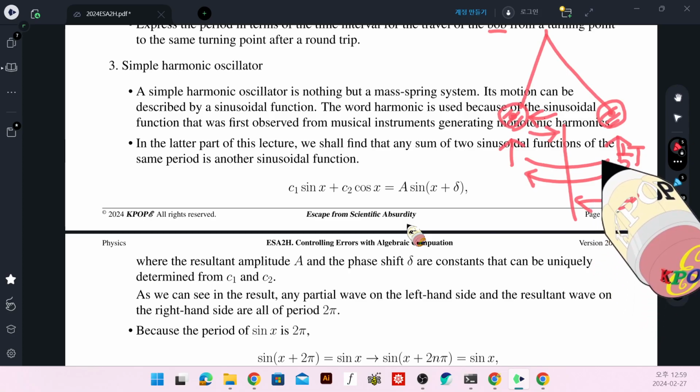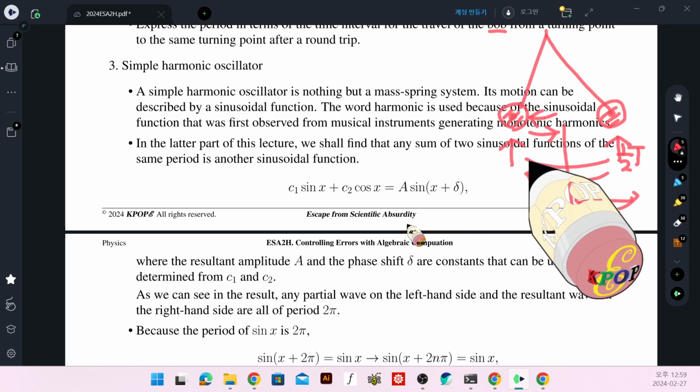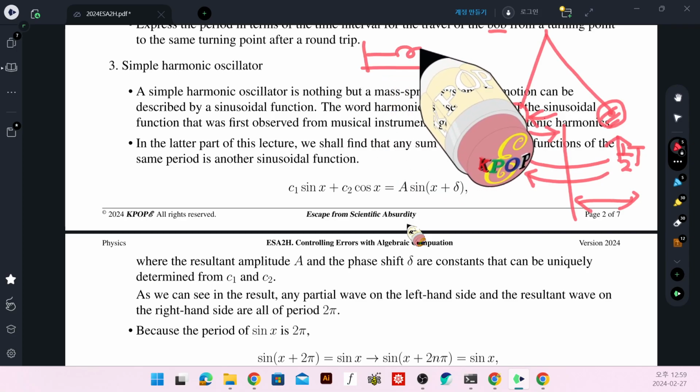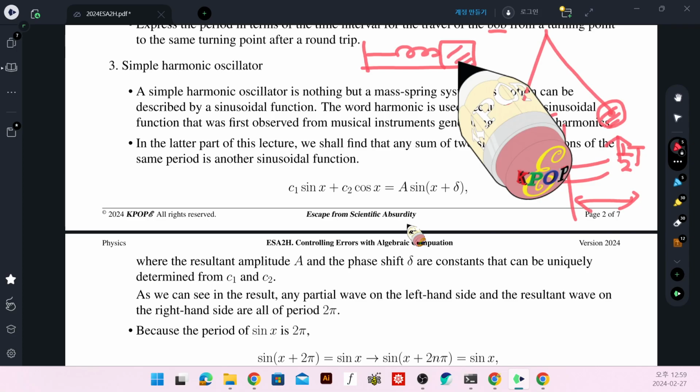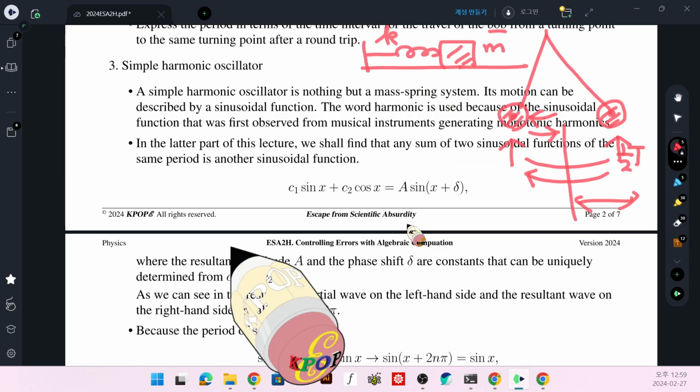Anyway, before we study further detail about the pendulum, we can consider a very, very simple system, a spring mass system. There's a mass M and a spring with a spring constant K.